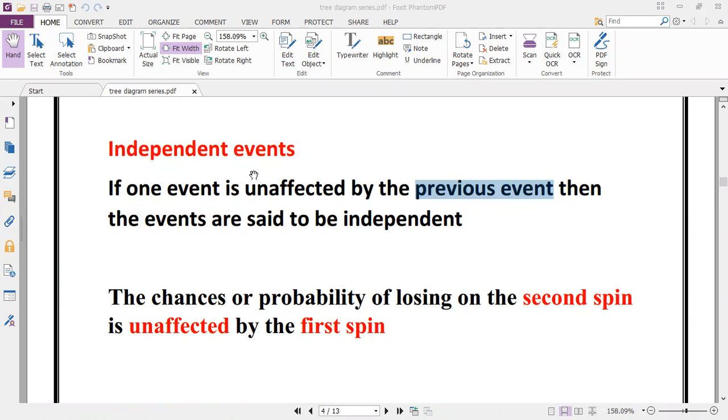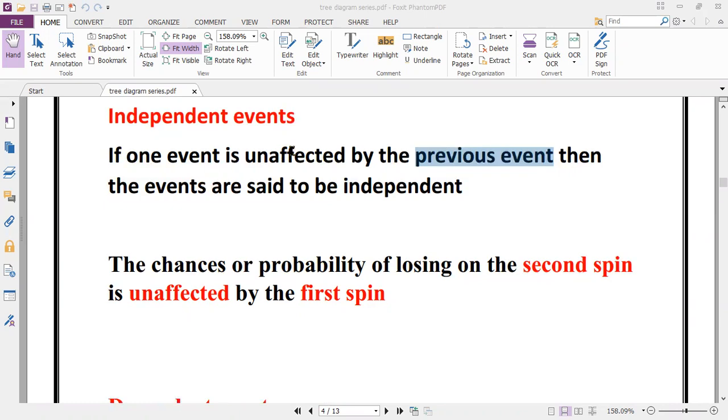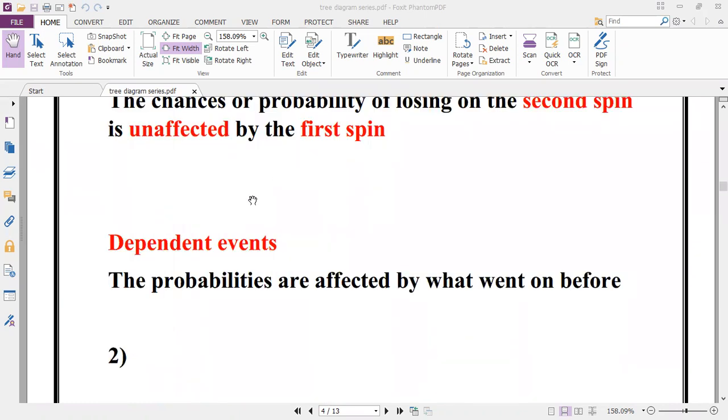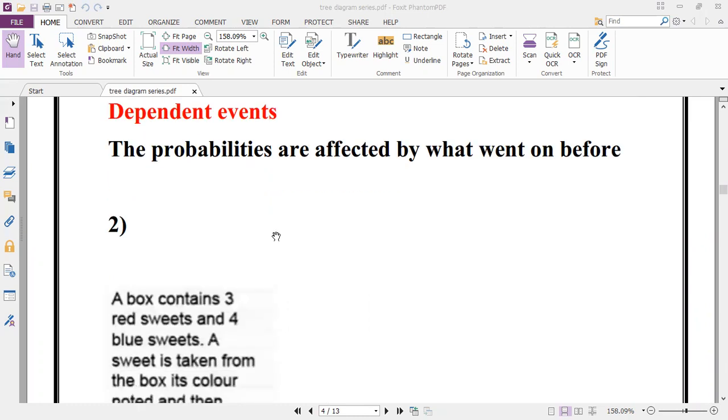So the 2 events are said to be independent events. Did you get it? What is the meaning of dependent events? The probabilities are affected by what went on before. They are depending on each other, okay?